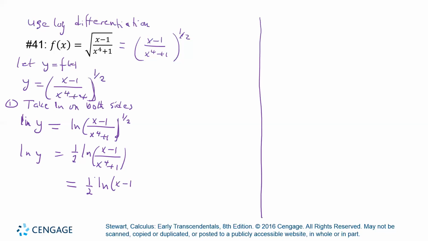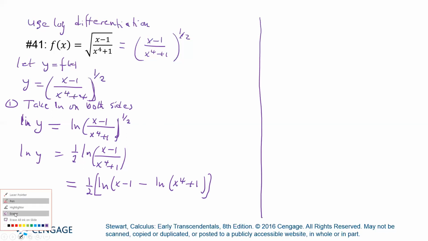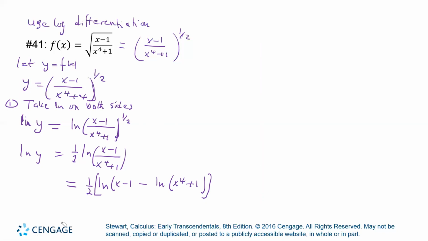x minus 1, minus natural log of x to the 4 plus 1. But I can distribute the 1 half over, which will give me this.